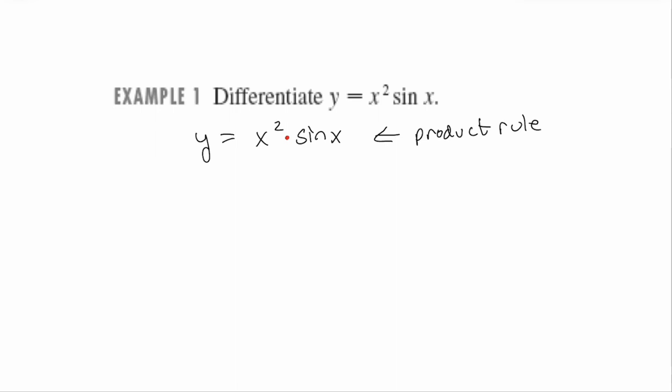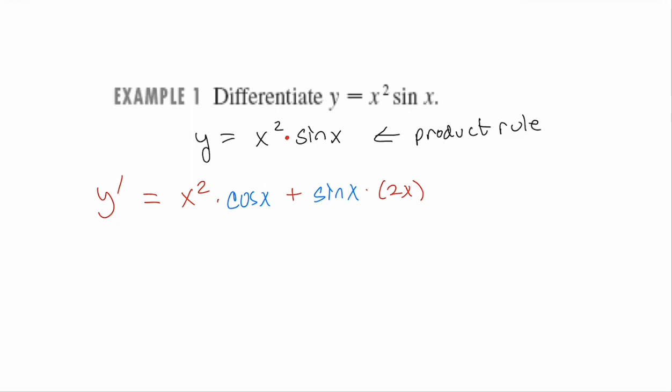The product rule is the first times the derivative of the second plus the second times the derivative of the first. That's it. By knowing the derivative of a sine, when I have to take a derivative of a sine, I just know it's cosine.